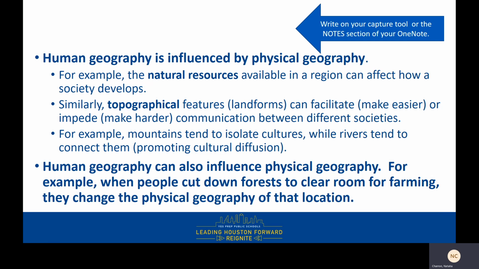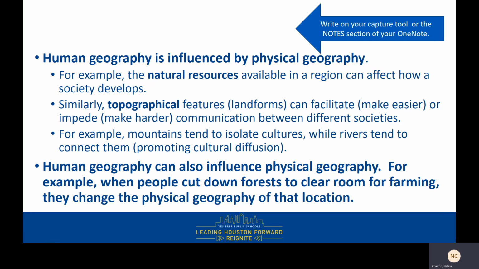For example, a society with ample farmland will develop a lifestyle designed around farming. A society with a lot of ocean around but not very much farmland will probably develop a society based on fishing. Similarly, topographical features, landforms, can make easier or facilitate or make harder or impede communication between different societies.